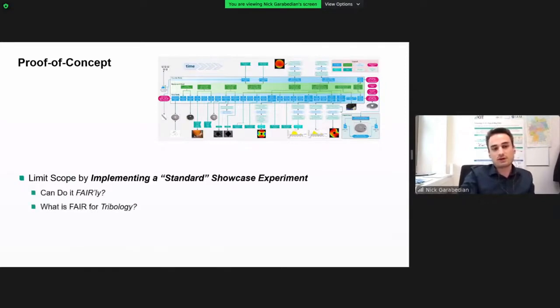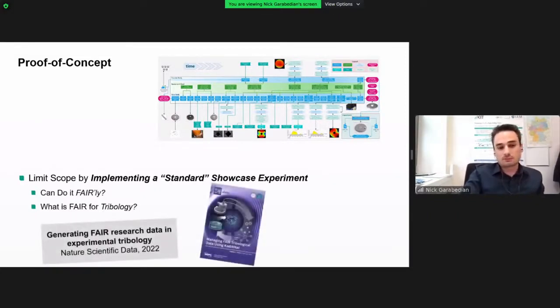And what is fair for tribology? The results of all this are summarized in 2 publications that came out this year. And the data is openly accessible with the metadata accompanying it, with an ontology that connects the data and the metadata. And this is freely available. You can find this in the publications.